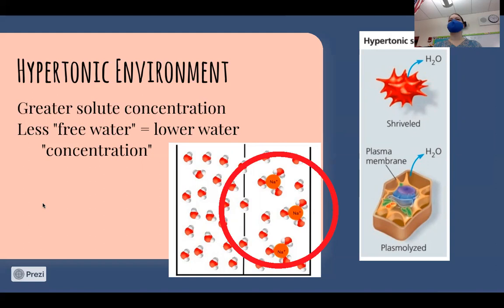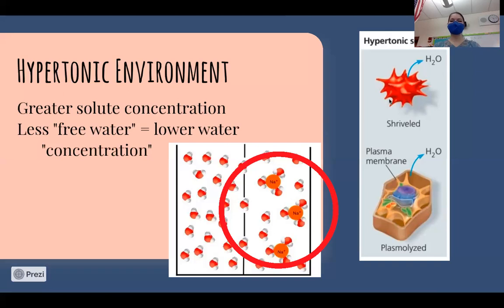And water moves from where there's more of it to where there's less, just like everything else. Everything moves from where there's more to less. So if you were to put a cell into a hypertonic environment, then the water inside of that cell is going to move from where there's more water inside of the cell, and it's going to exit because there's less water outside of the cell.